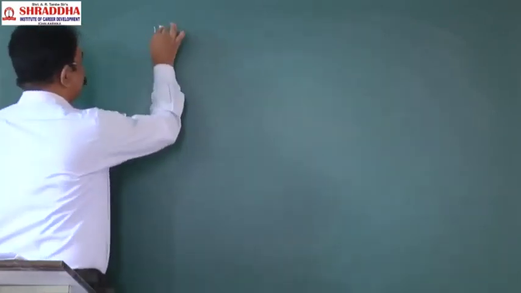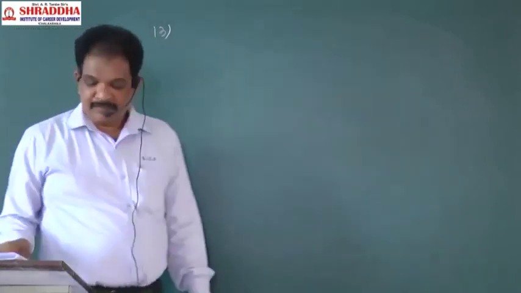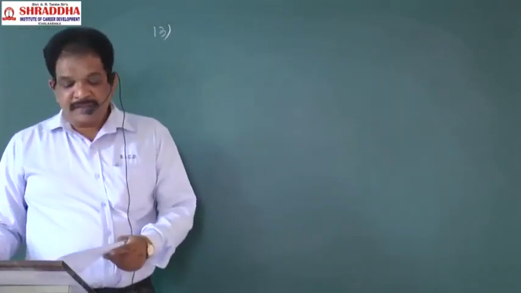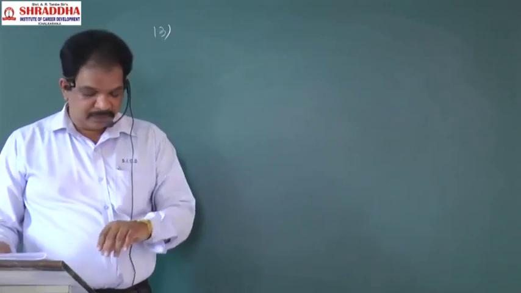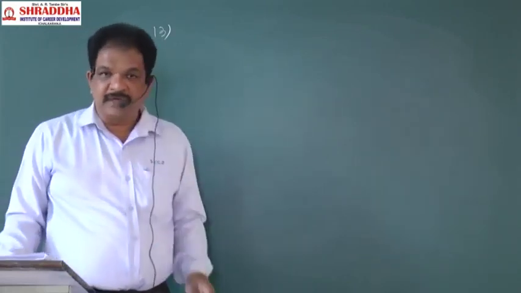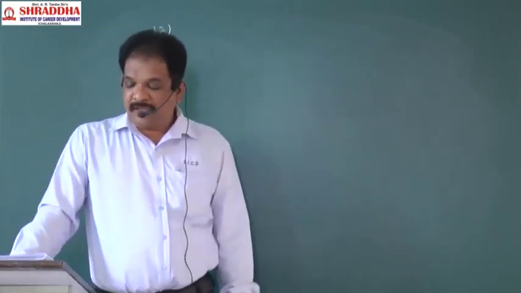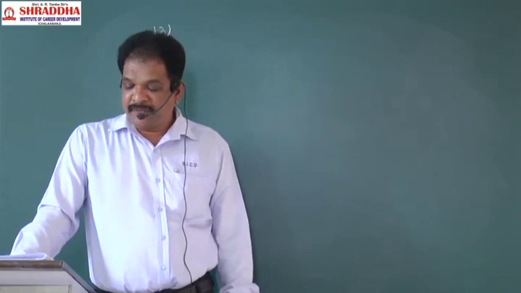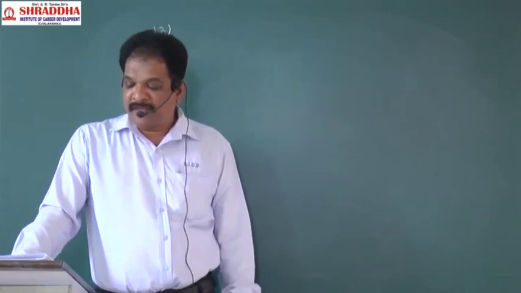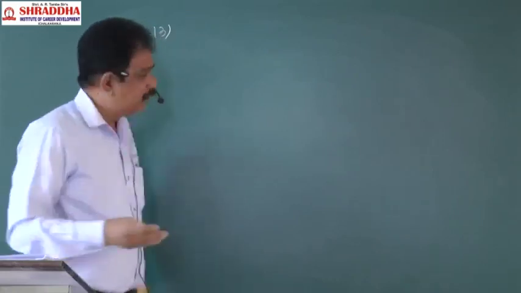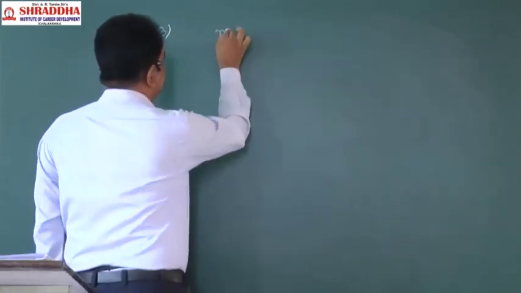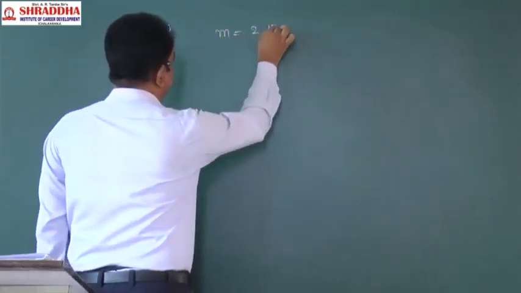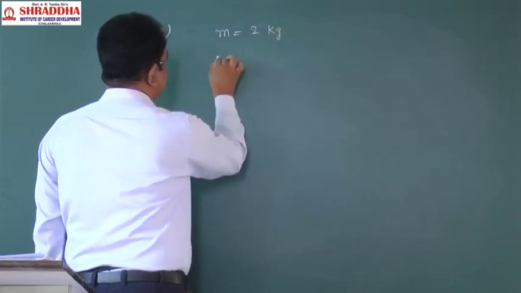13th question, see what they are asking. A uniform force of 3i cap plus j cap Newton acts on a particle of mass 2 kg. A particle is there, its mass is 2 kg.